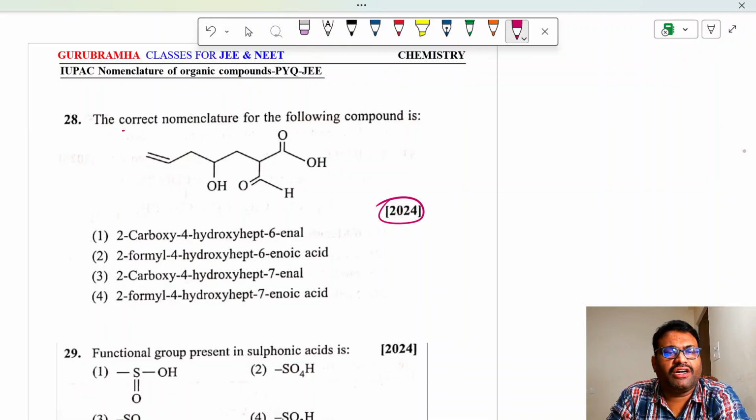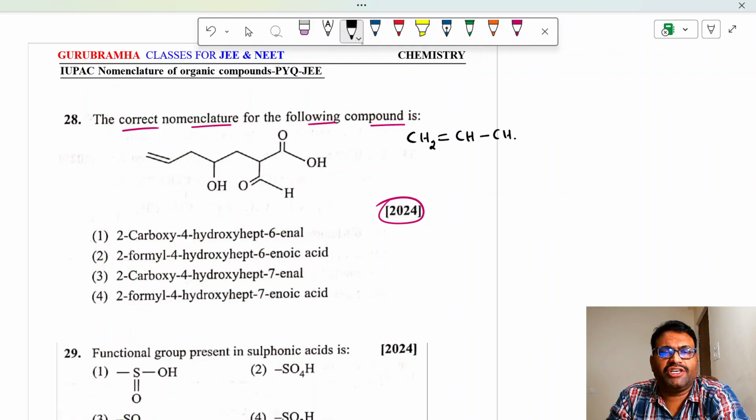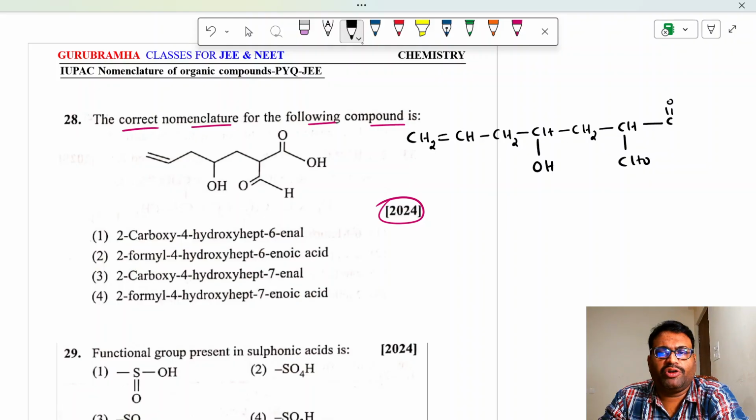What is the correct nomenclature for the following compound? If you are confused and want to write it in detail, what will you write? CH2=CH-CH2-CH(OH)-CH2-CH(CHO)-C(=O)OH.